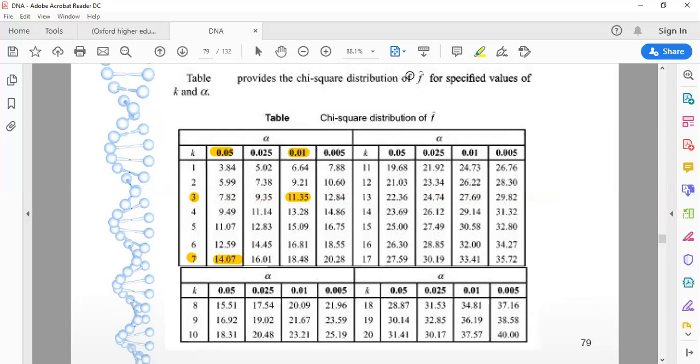This performance index we can calculate by using the mathematical formula, but by using this table, from the network installation and network formation, we will come to know the degree of freedom k and alpha. So in this way we will know the value of chi-square. After comparing these two, we will clearly indicate whether bad data is included or not.